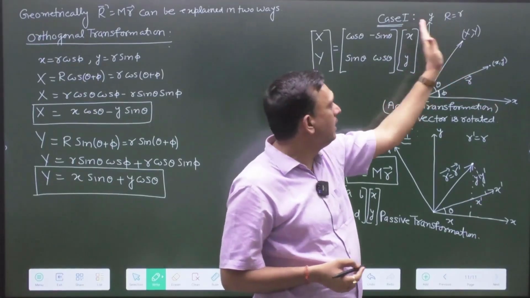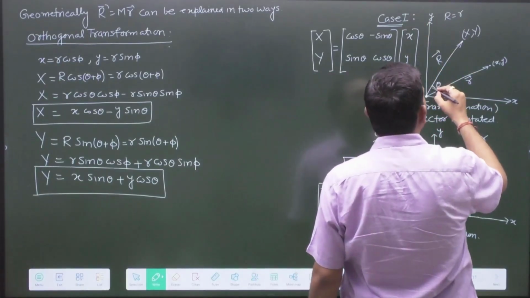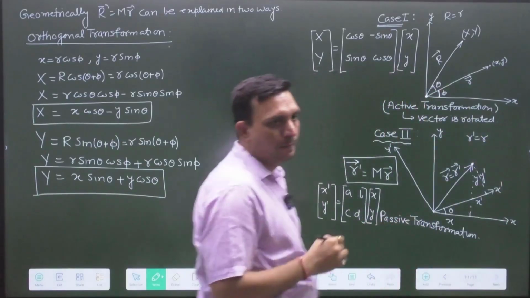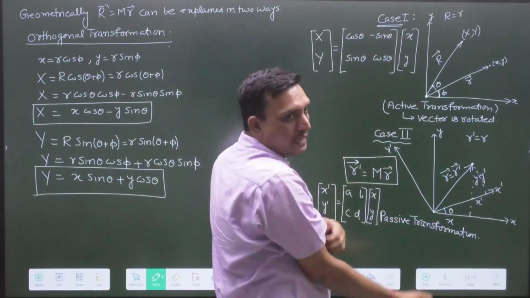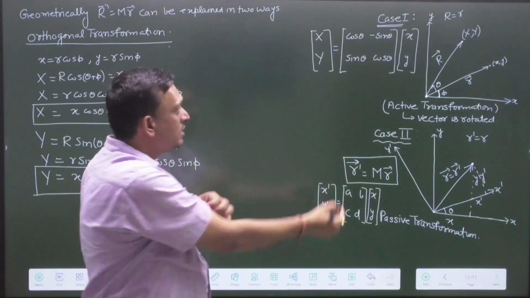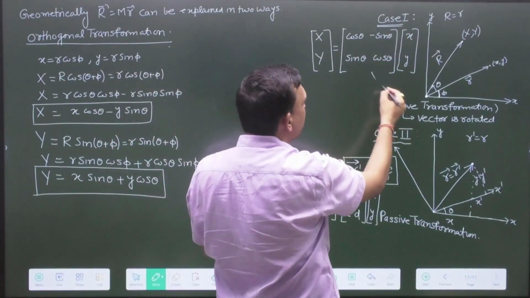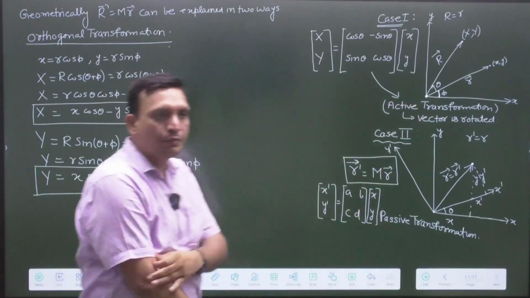Theta is in the anti-clockwise direction. The determinant is 1, since cos square theta plus sin square theta is 1. So this matrix is for active transformation.